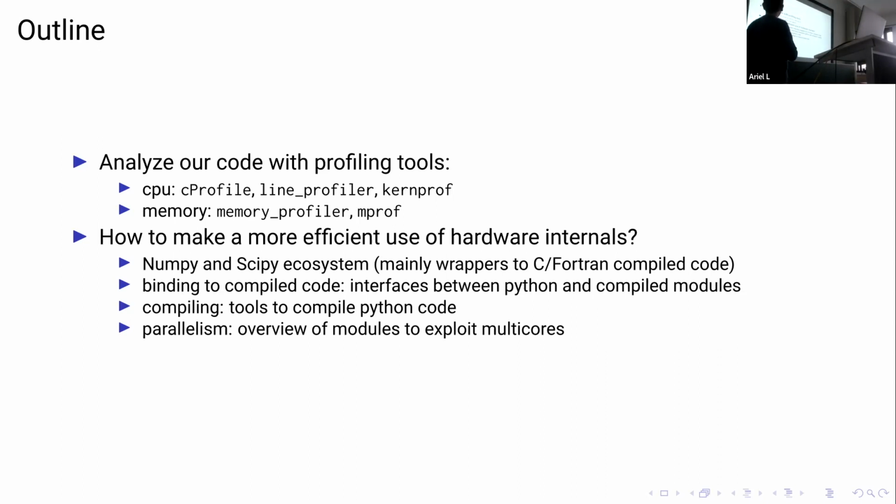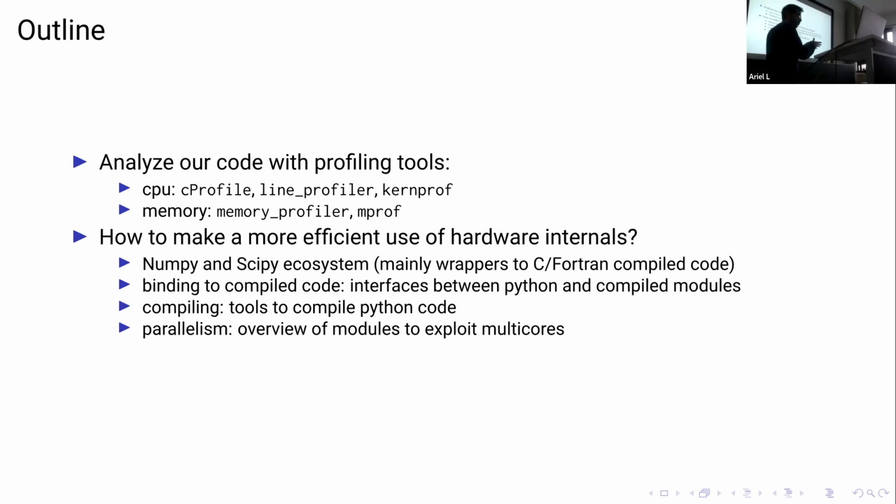In the first part, we are going to see which tools we have available in Python for code profiling. Code profiling means optimizing code by using tools that allow us to analyze how much time I spend on different functions in my code, so I can detect where I have my bottlenecks.